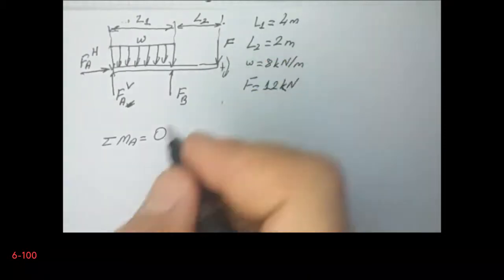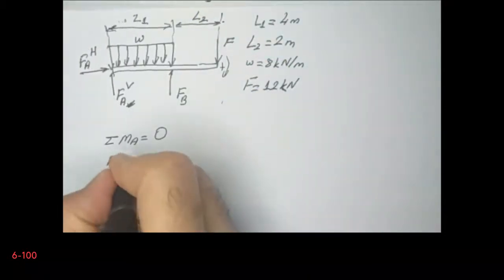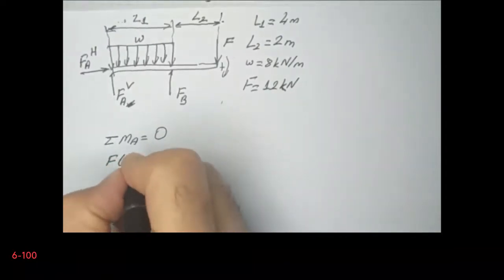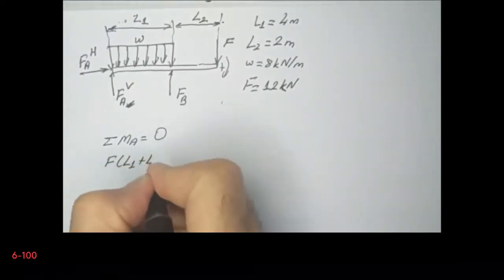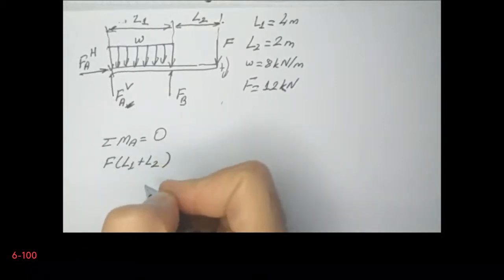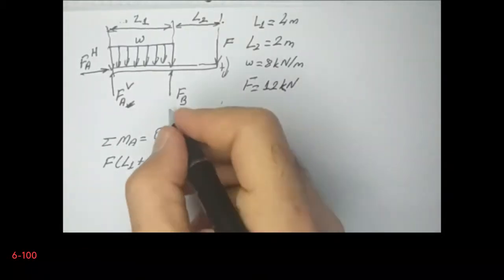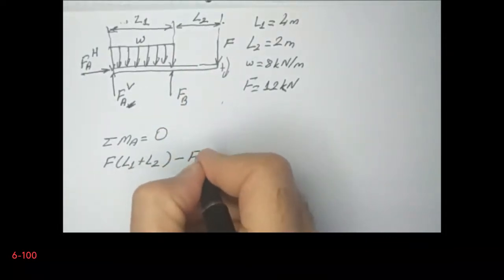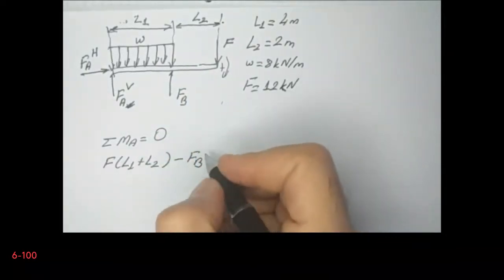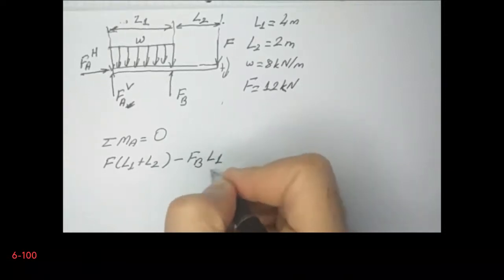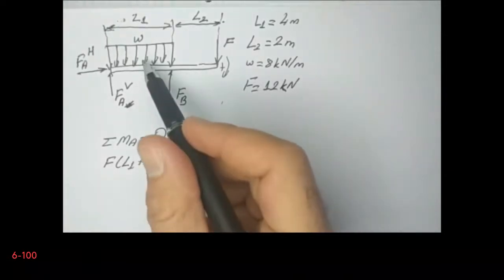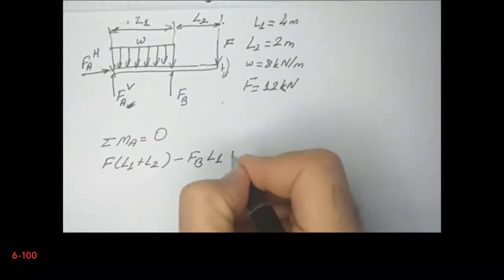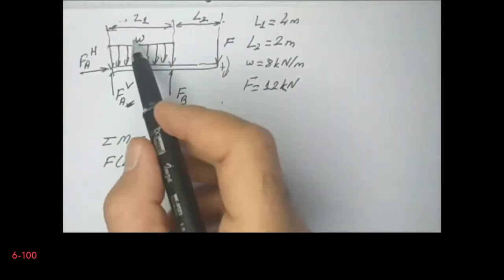So this is equal to F multiplied by L1 plus L2. Then the moment of FB, minus FB multiplied by L1. Then the moment of this distributed load. The resultant force of this distributed load is W multiplied by L1.